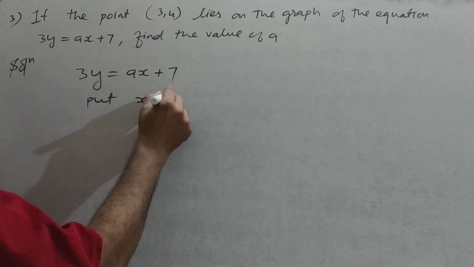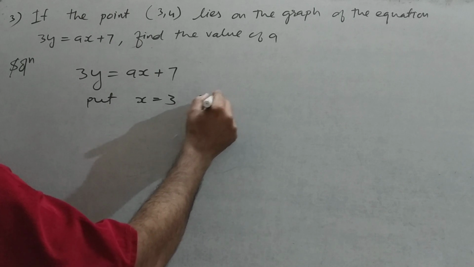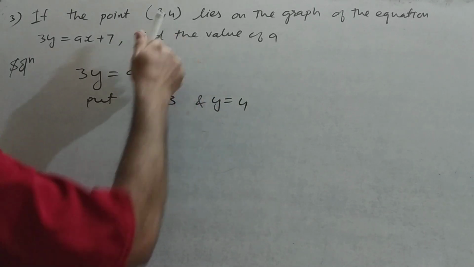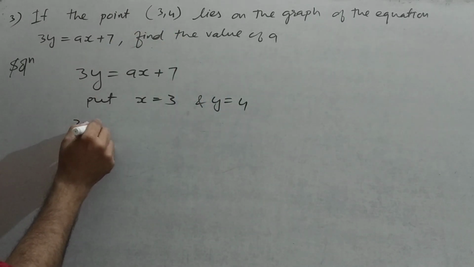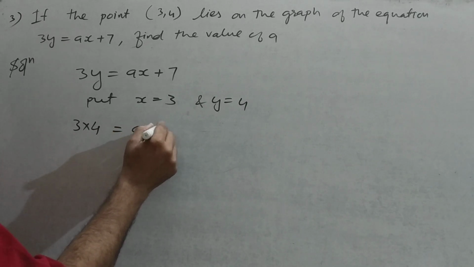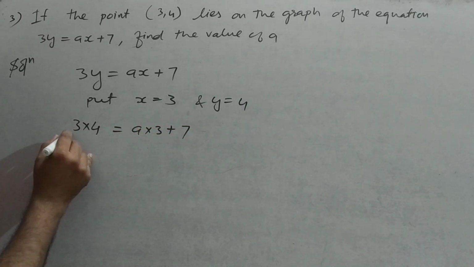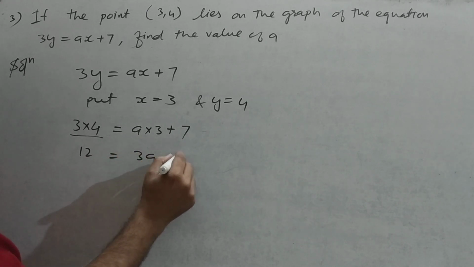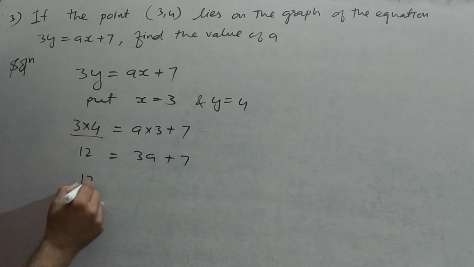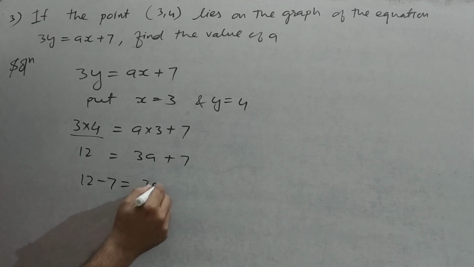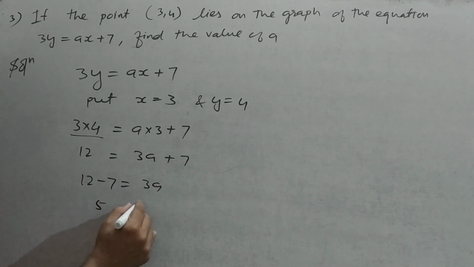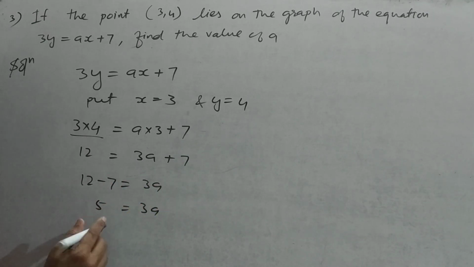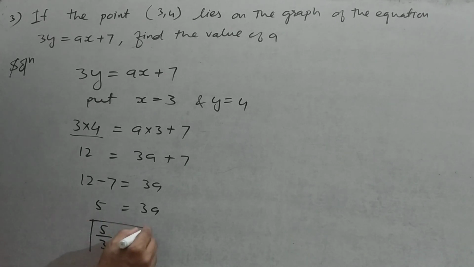Put x = 3 and y = 4. 3 times 4 = a times 3 + 7. 3 fours are 12, so 12 = 3a + 7. Plus 7 becomes minus 7: 5 = 3a. 3 is in multiplication, it will become division. So the value of a is 5/3. Clear?